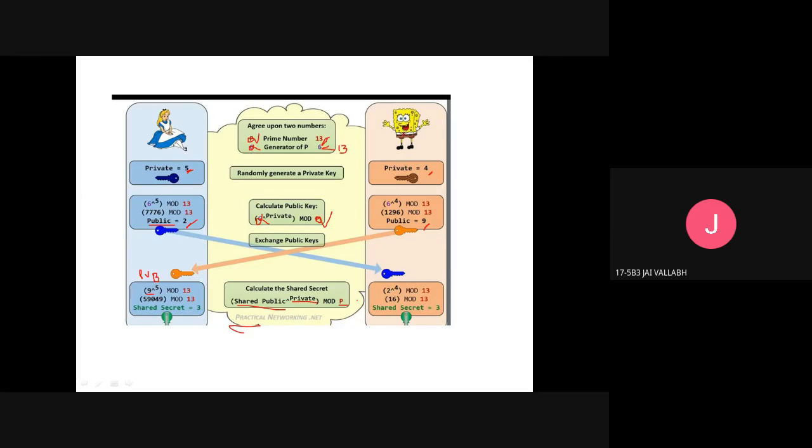Similarly, Bob will also calculate the secret key, which is 2 power 4, where 2 is the public key of Alice and 4 is the private key of Bob, mod 13. Its value is 3. So we can see that both the values are the same. We can say that the algorithm worked fine in calculating the values.